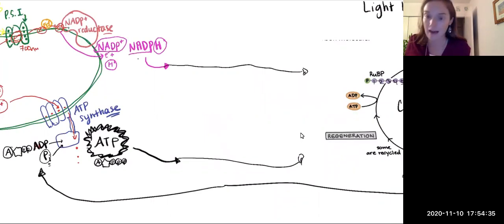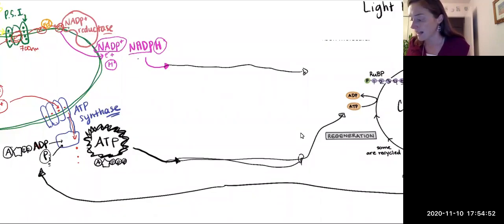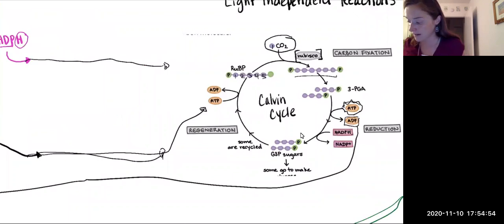So not only is the Calvin cycle a cycle, but there's cycles between the light independent and the light dependent reactions. So send that ADP back to the light dependent reaction so it can get hooked onto a phosphate and be ATP, that then is going to head back over here and help power this Calvin cycle.